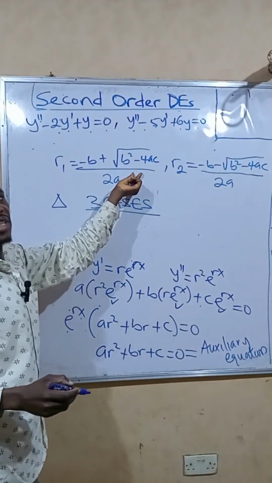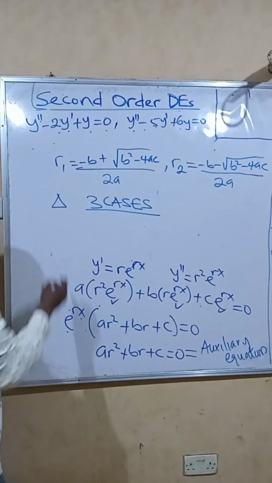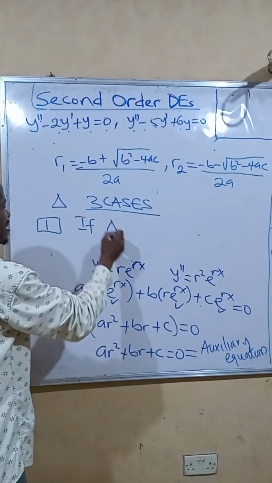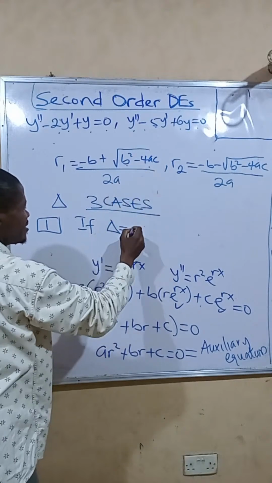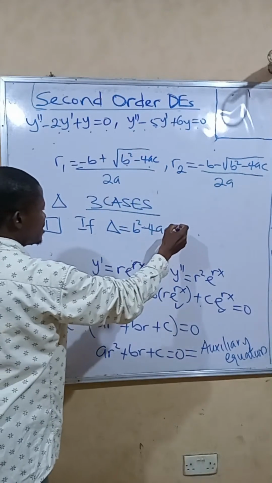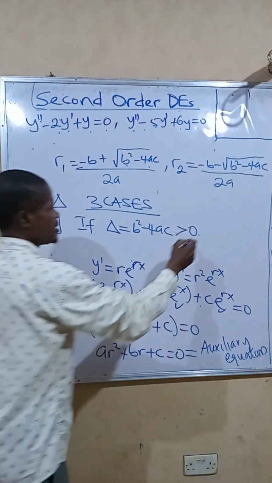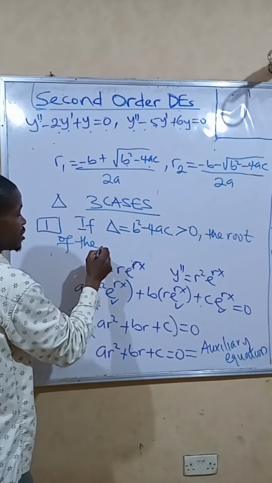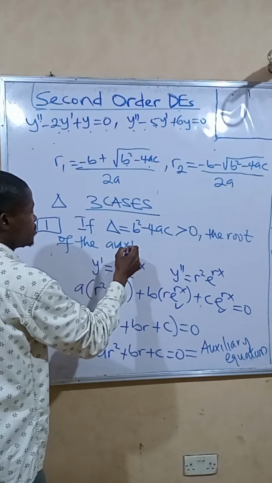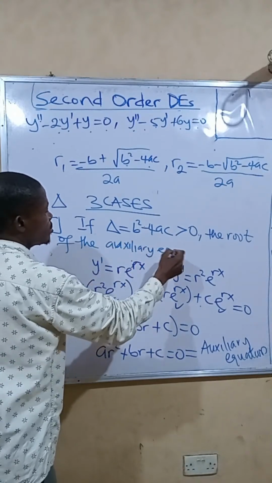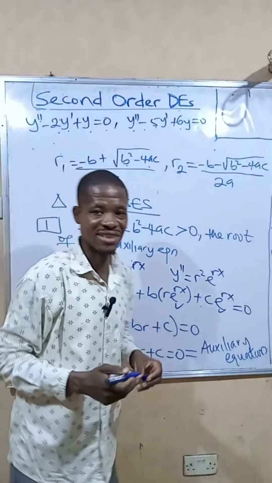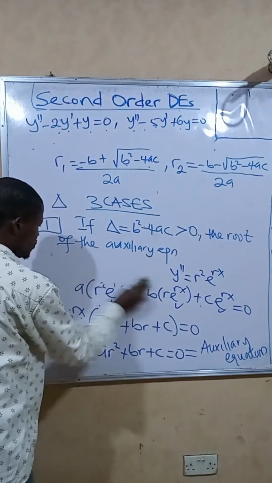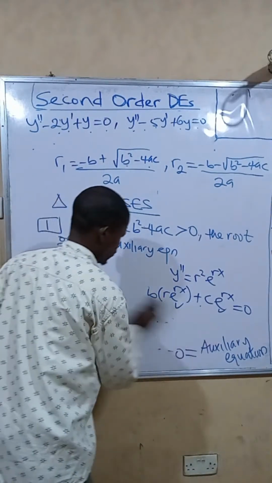Case 1: if your discriminant, which is b squared minus 4ac, is greater than 0, then the roots of the auxiliary equation are 2 distinct real roots.